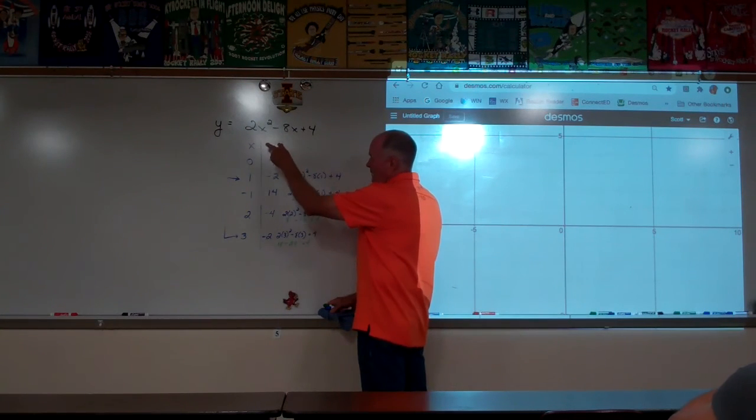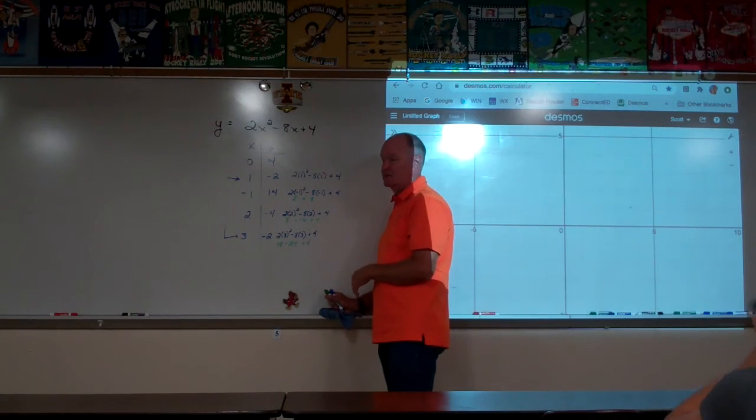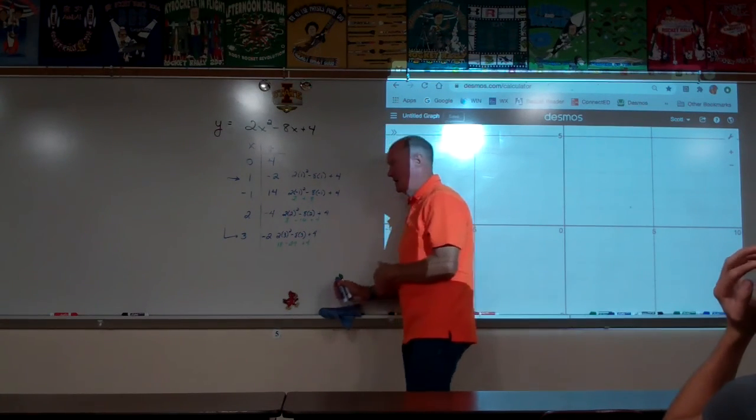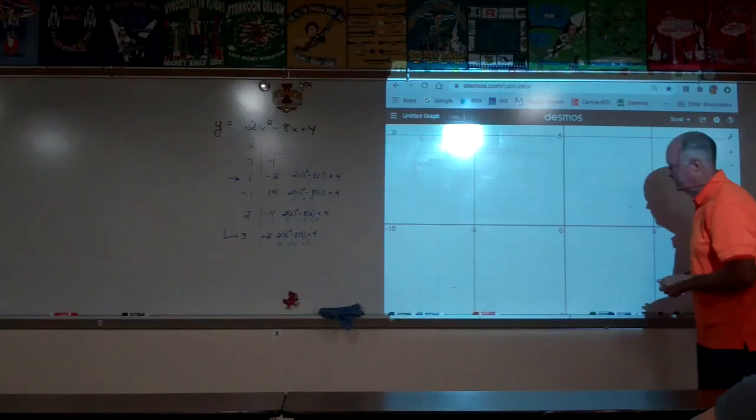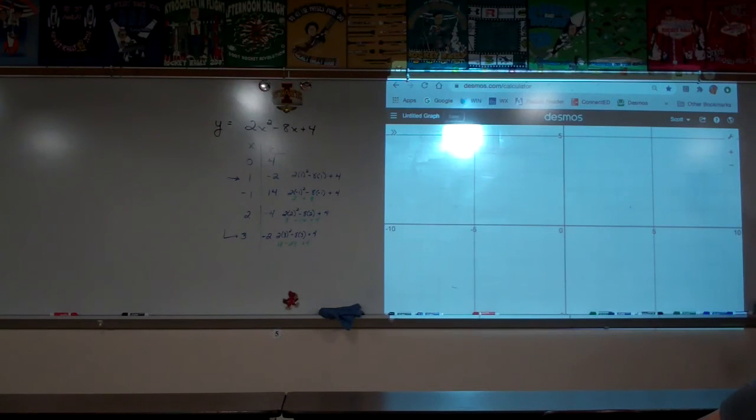So what I'm going to do now is I'm going to take and plot these 5 points. And I'm going to see my picture of what's going on. So how am I doing scale-wise? Can I see everything here? I think I should be able to make it.